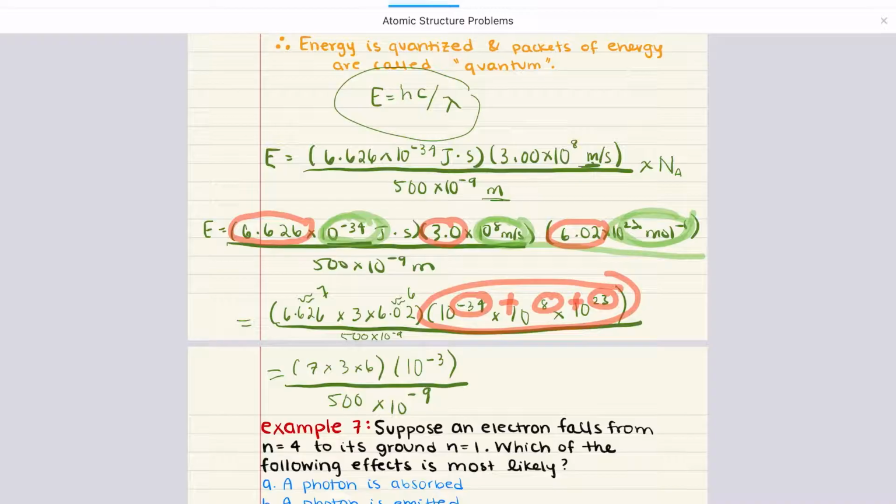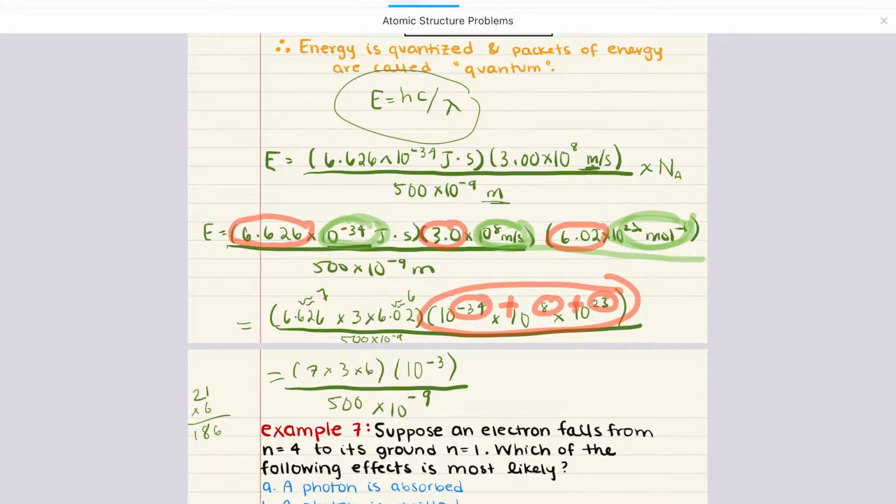7 times 3 is 21, and then we can multiply 21 by 6 really easily. This is just a quick calculation here, 126. So now what we have is about 126 over 500. And then now we're going to group these 10 powers. We have 10 to the minus 3 in the numerator, 10 to the minus 9 in the denominator. Okay, so far so good. Let's simplify these a little bit further.